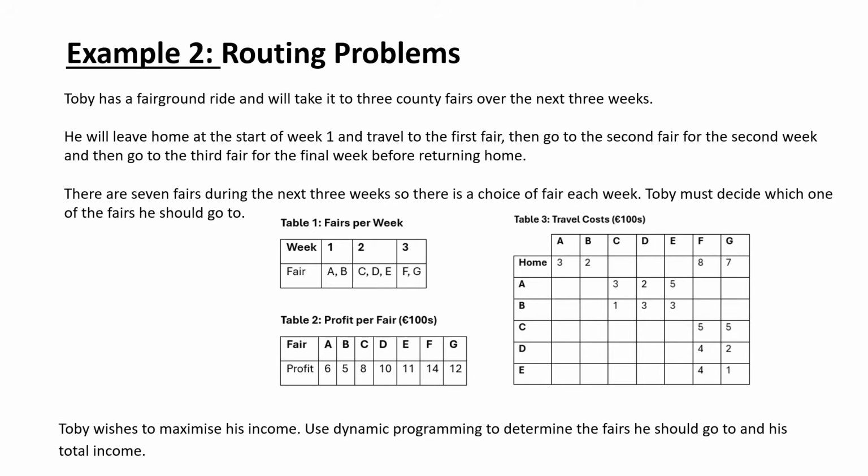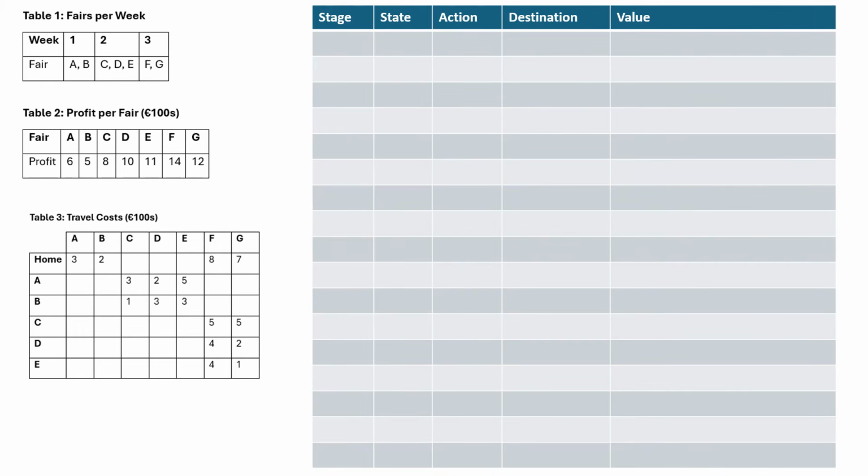So let's keep these tables beside us so we can fill in the table as we go. Anytime we're working with dynamic programming, we always start with the same: stage, state, action, destination in these questions, and then value. And then we need to think about what each of these means in the context of the question. So stage is like the weeks remaining.